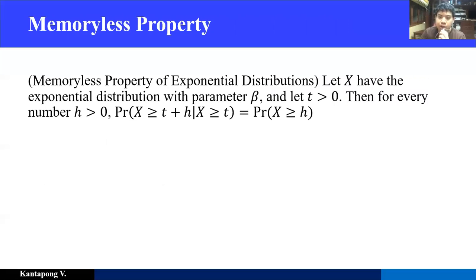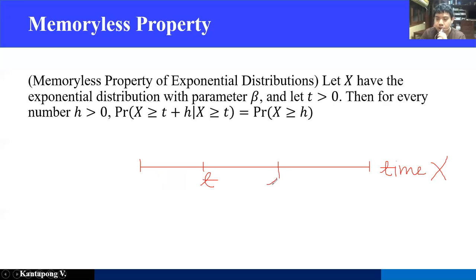So instead of thinking of x as a number of tiles, think of x as a time interval. Let's say this is time, and then we have t, and we have t plus h. So if t has passed already, this is called history or memory.